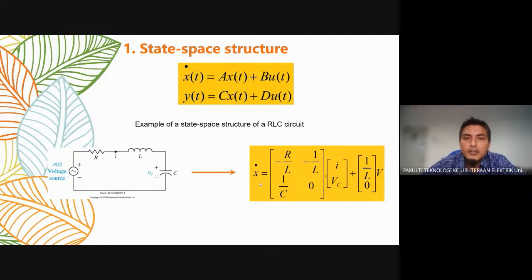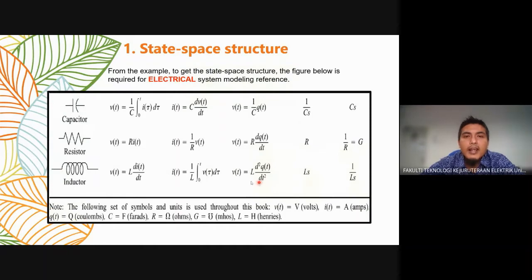Can anyone tell me what this x dot parameter is that you can find in the first two columns? You have the capacitor, the resistor, and the inductor. Can you see what x dot you can get from these two columns?